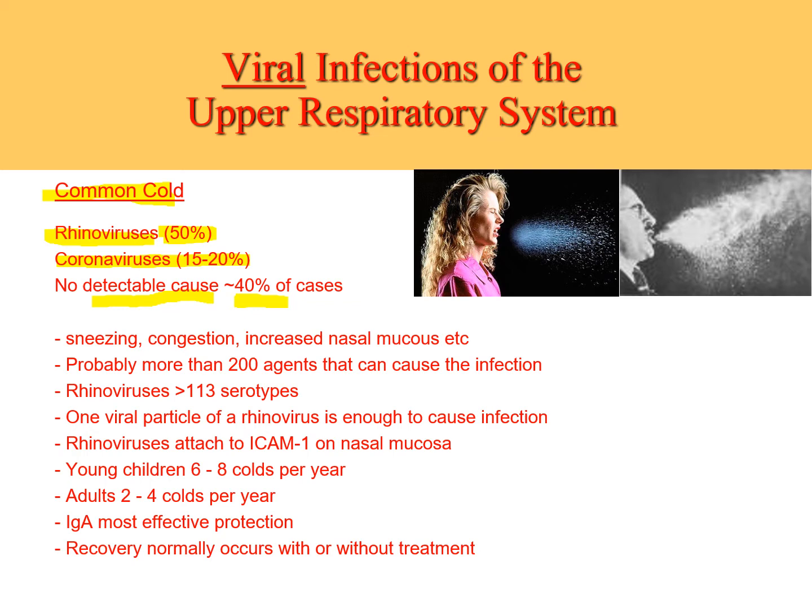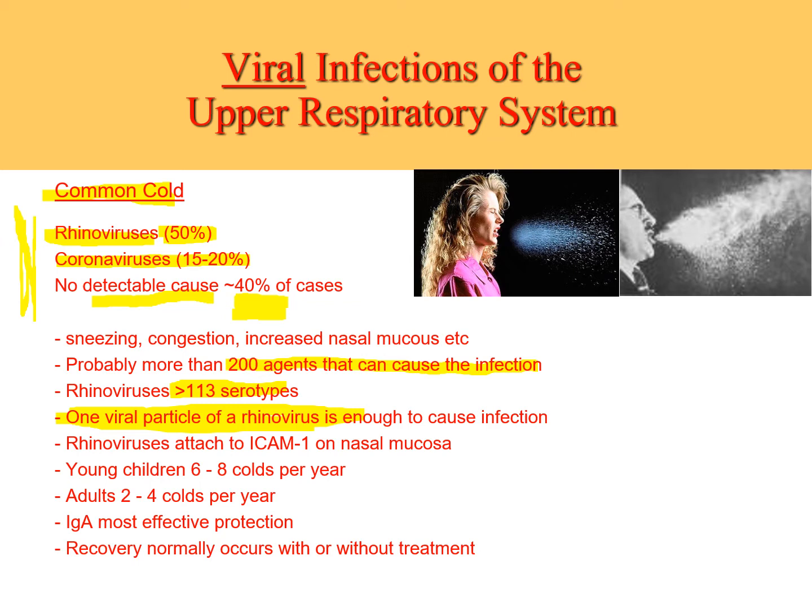There are probably more than 200 different things that can cause this kind of infection. We've listed rhinoviruses, coronaviruses, but also there are some that aren't known. Rhinoviruses, as I said, there's more than 113 different types. It only apparently takes one viral particle of rhinovirus to cause an infection, as little as a single one.